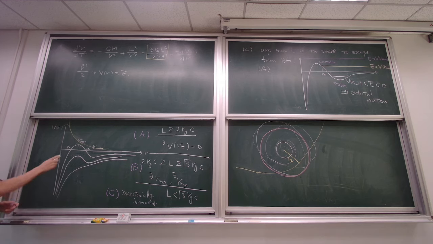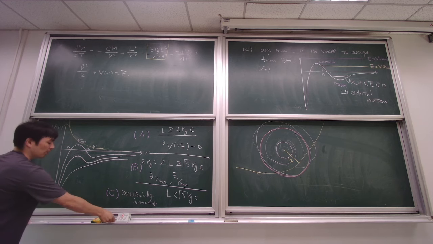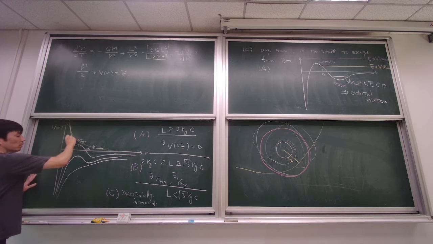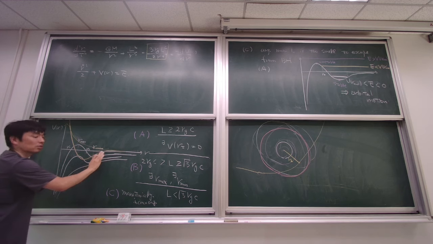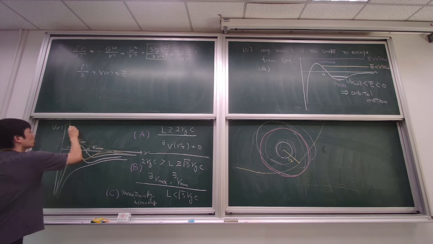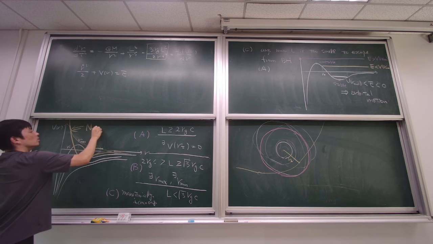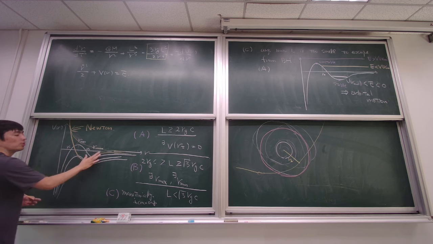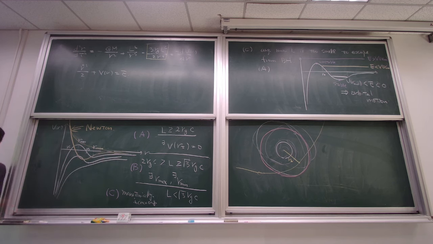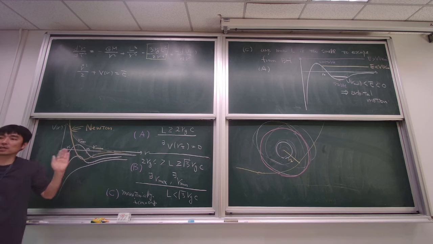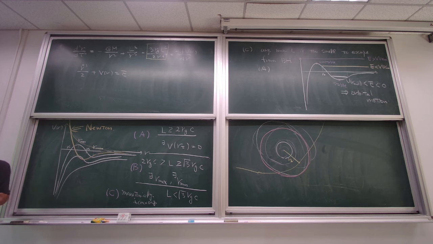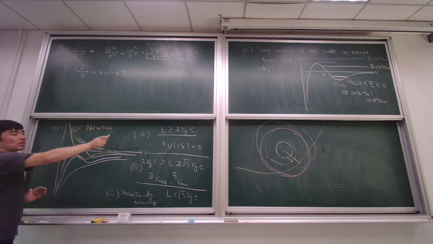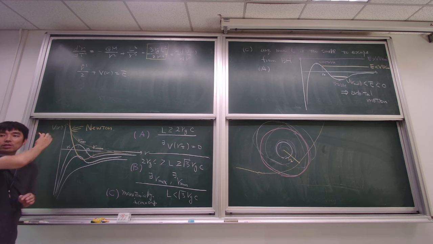So in Newtonian mechanics, the figure should always be something like this way. This is Newton. If your R is small enough, this angular momentum repulsion will win against the gravitational attraction. So it never hits R equals zero if you have angular momentum.